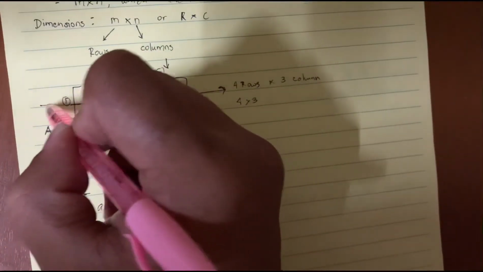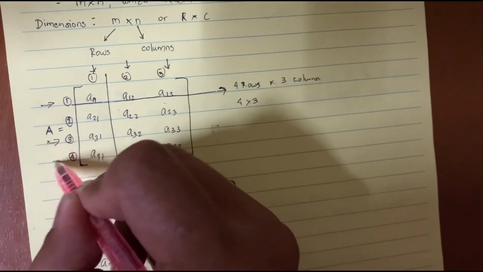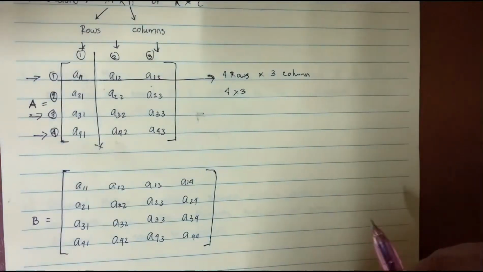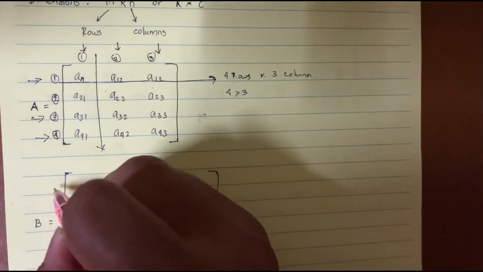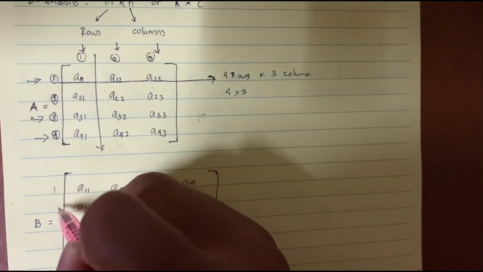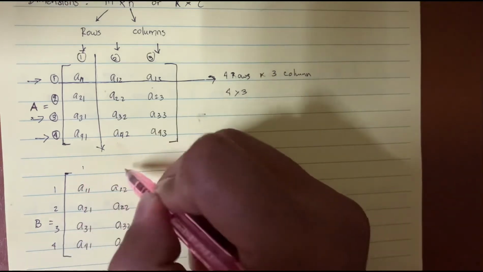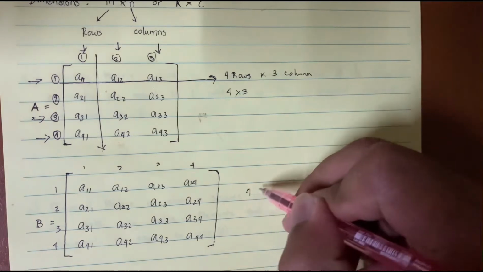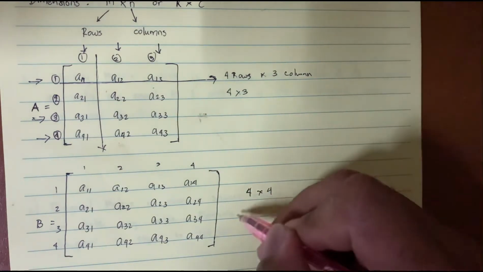Yung rows naman ay punta dun. This one is 1, 2, 3, 4 by 1, 2, 3, 4. 4x4 matrix.